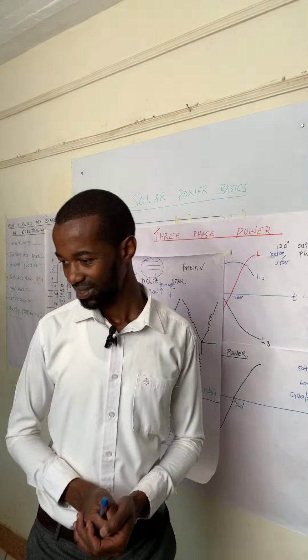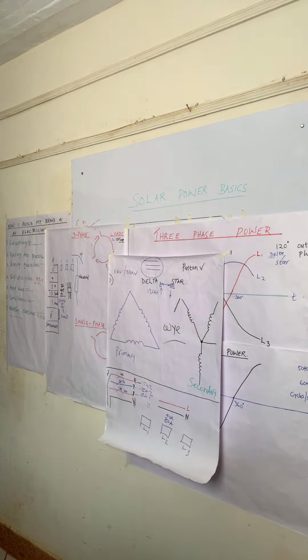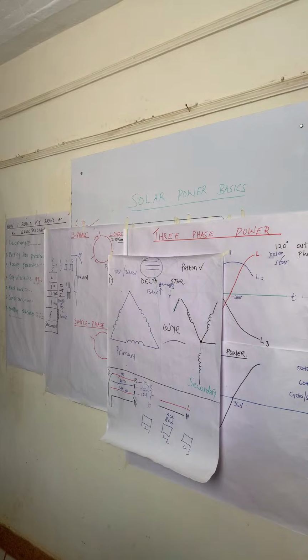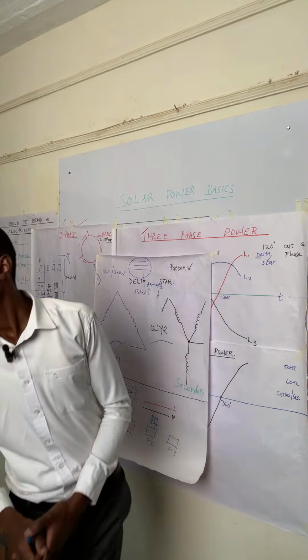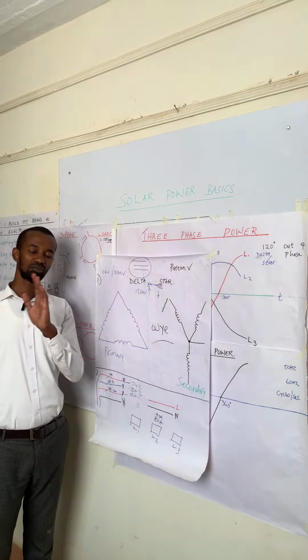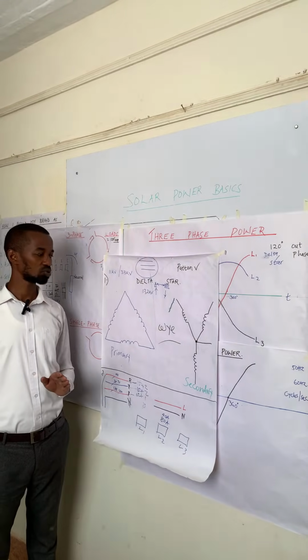Somebody is asking, why are scientists researching HVDC, high voltage DC, after investing billions of dollars in three-phase AC power system? I think it's all about control, but I'm not so sure about that because I've not come across that research.